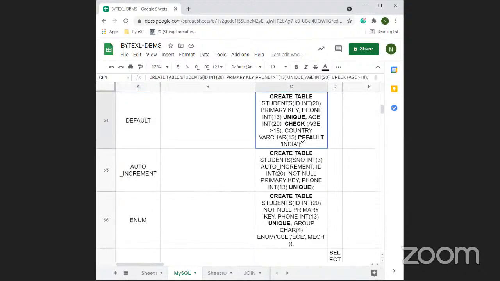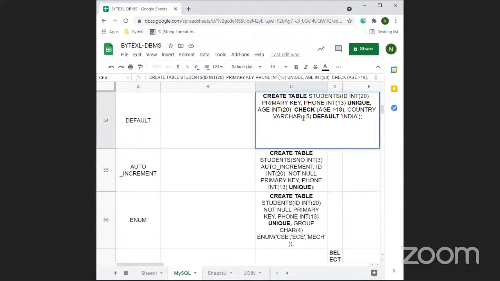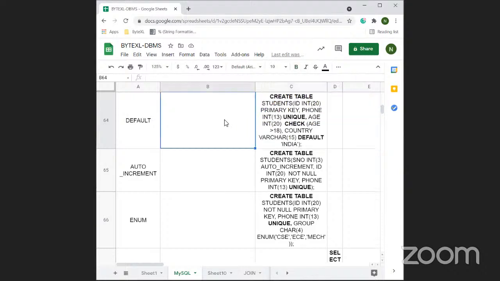For example, as we can see in the example here, I am taking a column called country, and I don't want the users to give this value mandatorily. If anybody is not giving it, by default I am taking it as India. That is the value of default. If the user is not giving anything, we will take something.